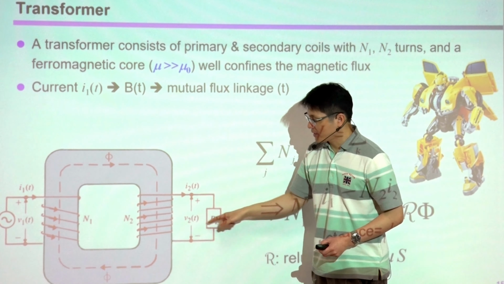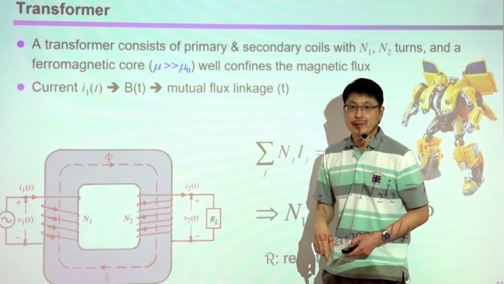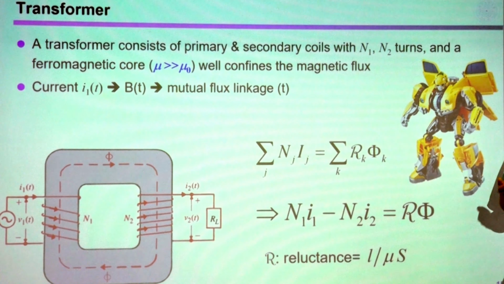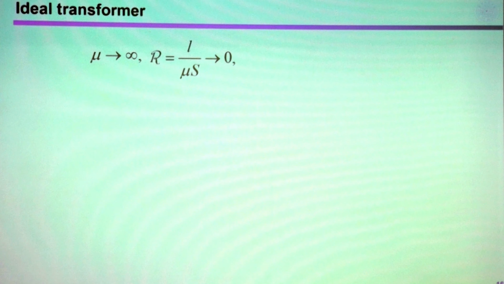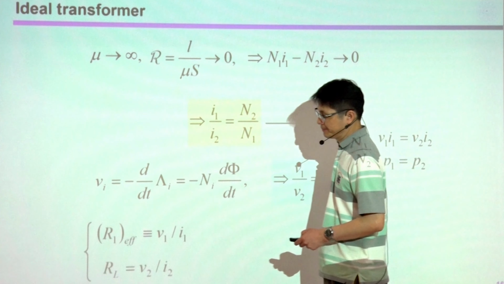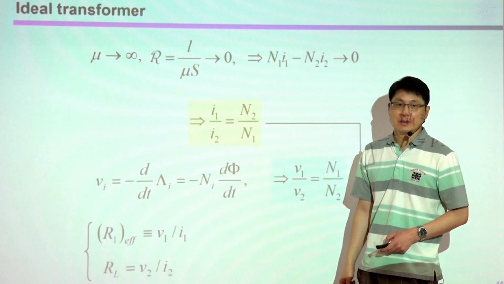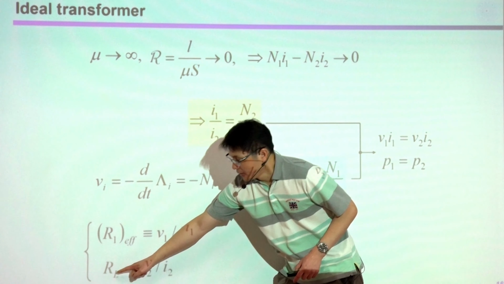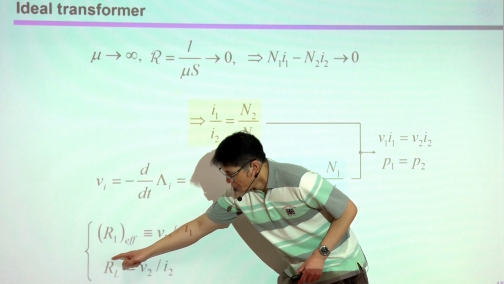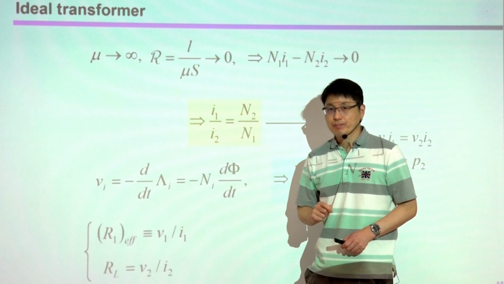But the device can have different operational V and I. What we know is the effective resistance, V divided by I. For the load, your load resistance is V2 divided by I2.